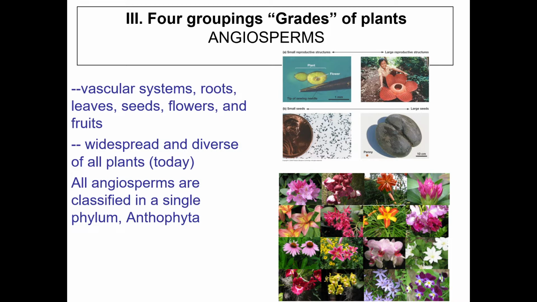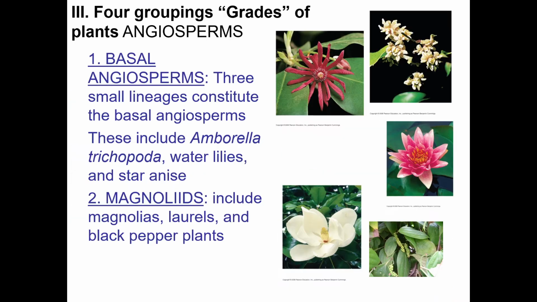You have one phylum, surprisingly, in angiosperms called the Anthophyta, but there are then just groupings within the phylum. They're not really broken up into different classes, so we will discuss those and how they are organized.